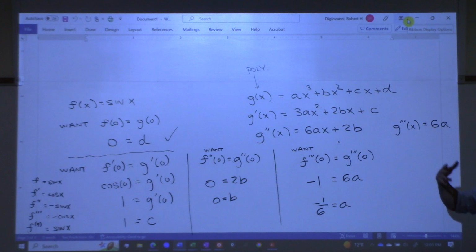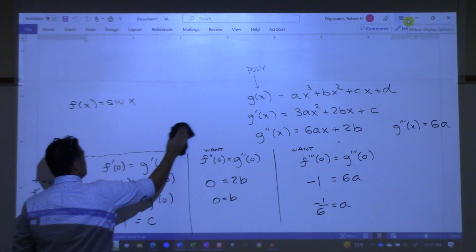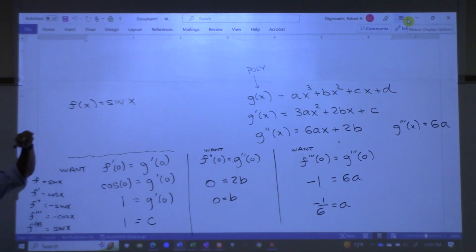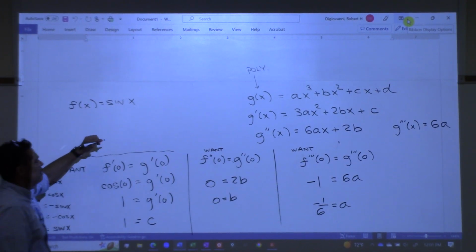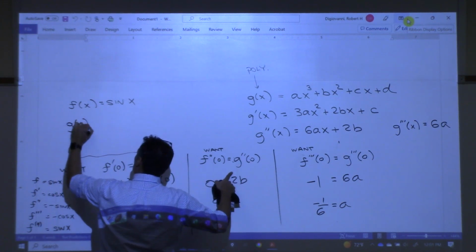If I would have gone fourth degree, I could go one more derivative because I would have 5 variables I'm solving for. But as it stands, if I want to approximate this function with a third degree polynomial, then I'm going to use this one.